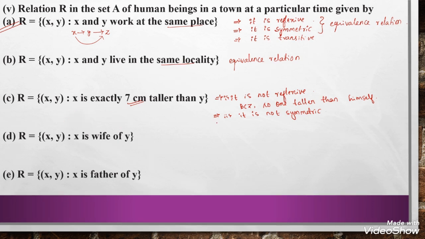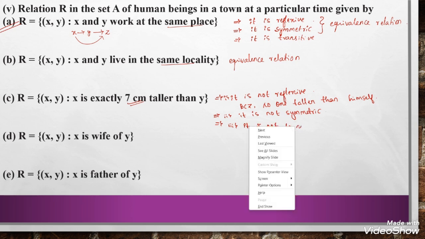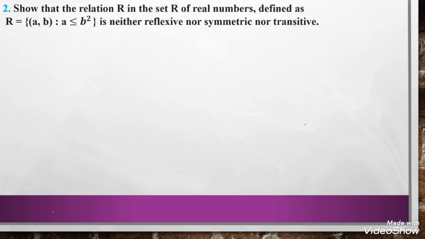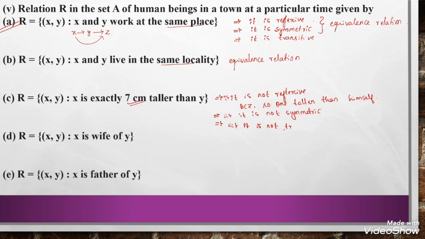Okay, let us consider the third condition, that is transitivity. It is not transitive, because here consider x comma y, the ordered pair belongs to R. x is exactly 7 centimeter taller than y.